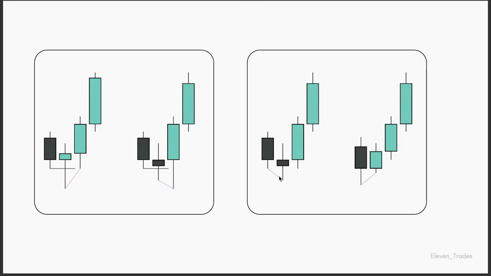Now here is another form of two-stage PSP. In this case, we have SMT divergence between candle 1 and candle 2 of the swing point. So for example, we are in a bullish market. The second candle of the swing point was bearish. We took the previous candle low, but on the stronger asset, we haven't taken the previous candle low, and we created SMT divergence, a manipulation with SMT, and we are going higher.